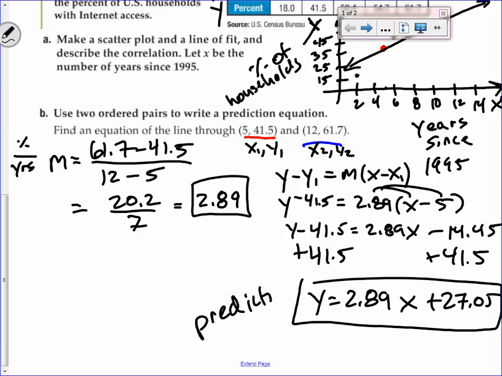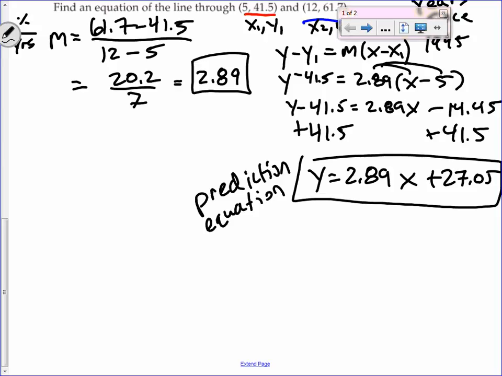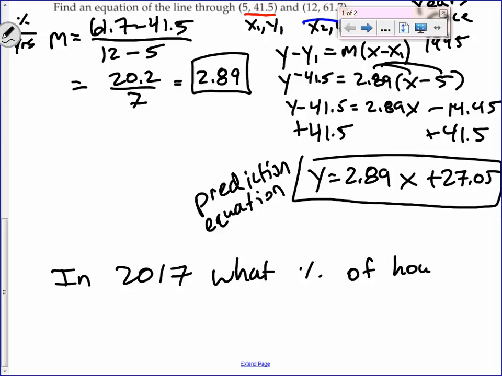So why is this useful? Say we wanted to find, in the year 2017, this year, what percent of households will have internet access.